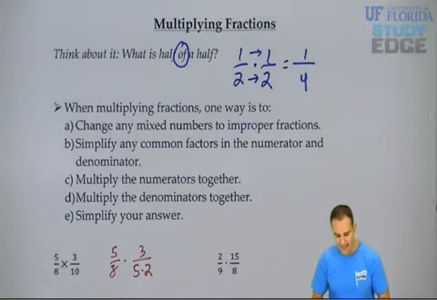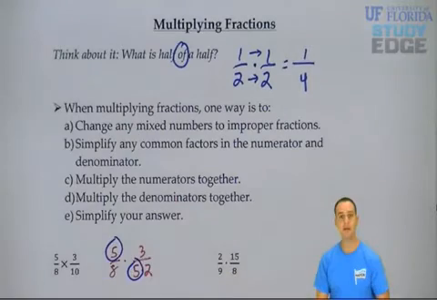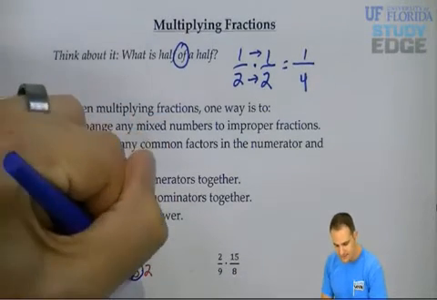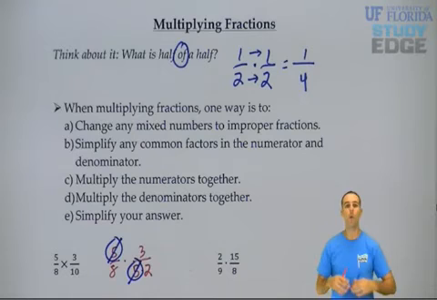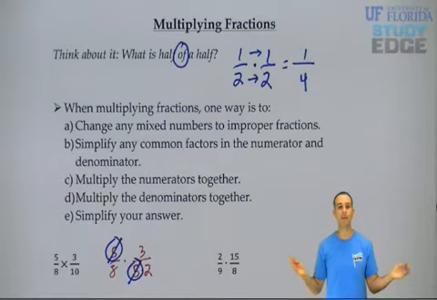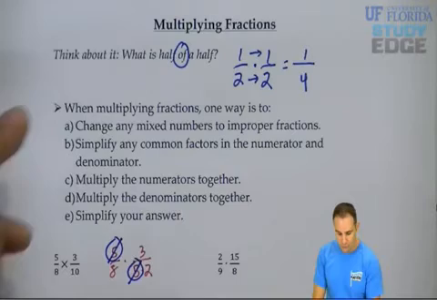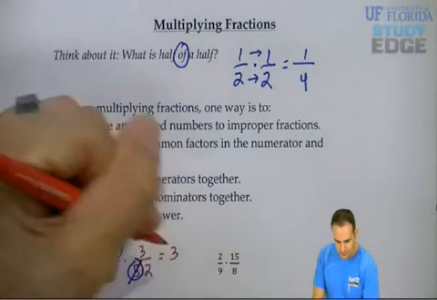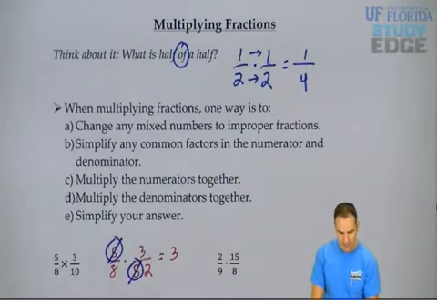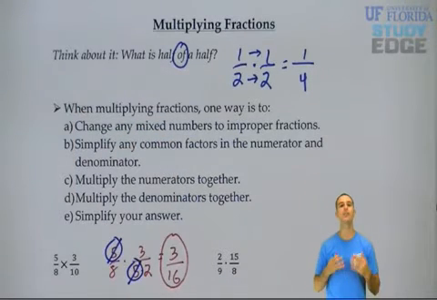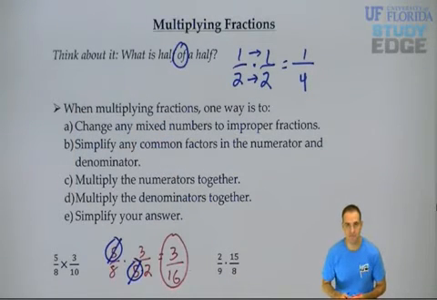Because I have a common factor in the numerator and the denominator, 5 divided by 5 would equal 1, which means that simplifies. Once I simplify, I multiply everything in the numerator together. I multiply everything in the denominator together. So in the numerator, there's just the number 3. And on the denominator, 8 times 2 gives me 16. And that's how you multiply fractions.